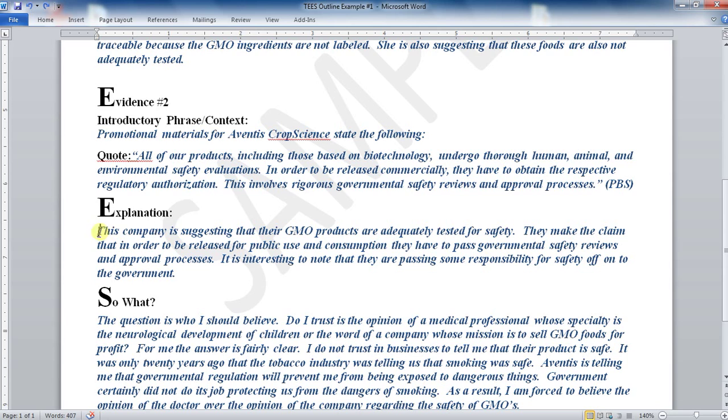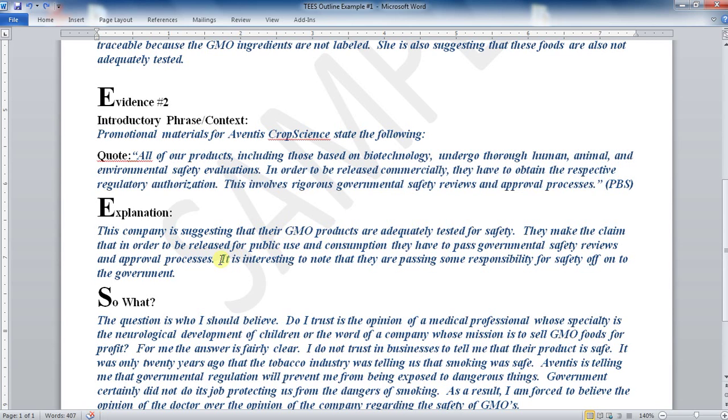So I'm basically interpreting that statement for my reader. As well, I interpret the next part. They make the claim that in order to be released for public use and consumption, they have to pass governmental safety reviews and approval processes. That's me explaining or interpreting the second part of that quote.